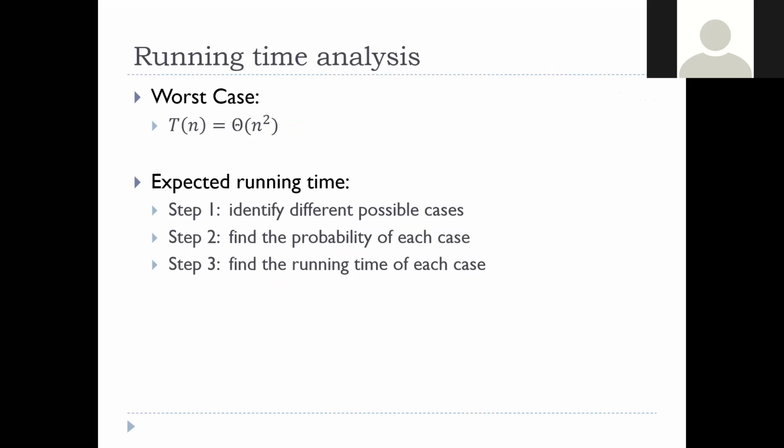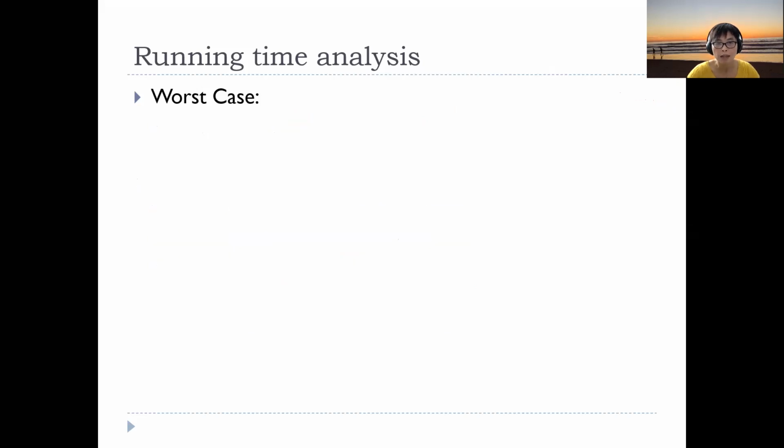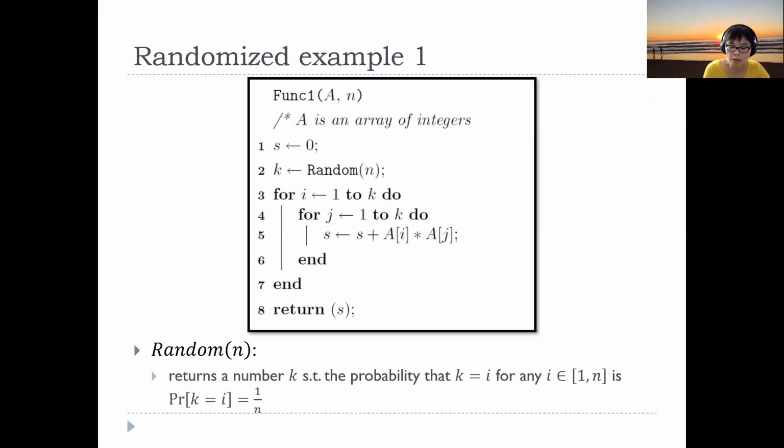Now, for the previous example code, let's see what the different possible cases are. We already figured out that the running time really depends on the choice of your value of k. The running time was c k squared.